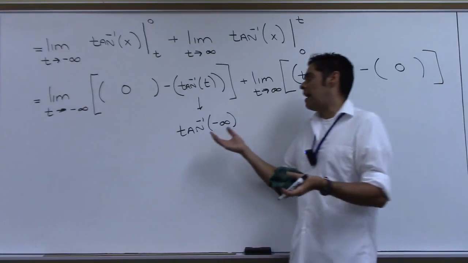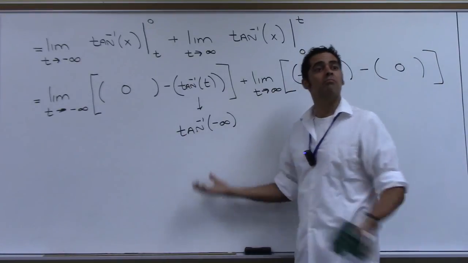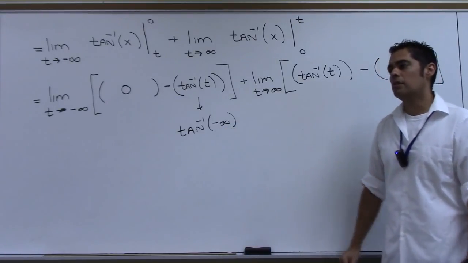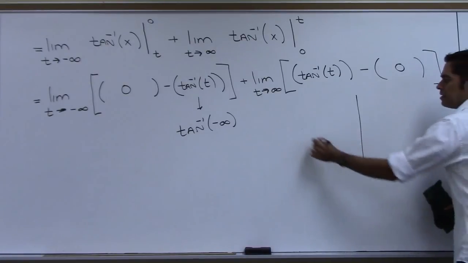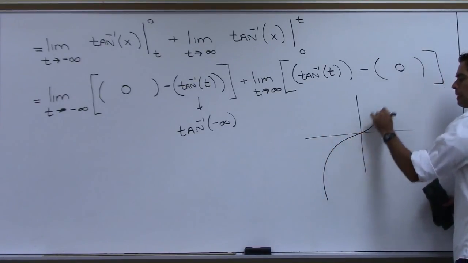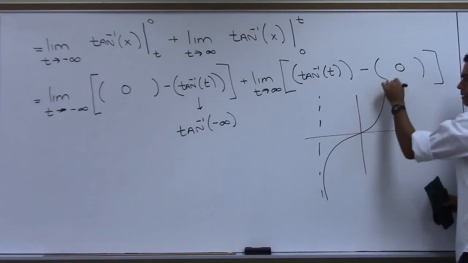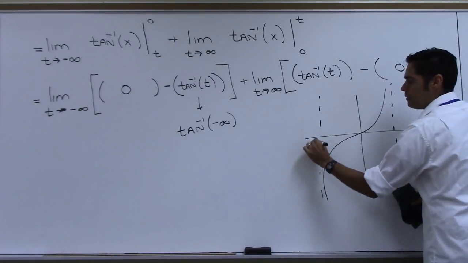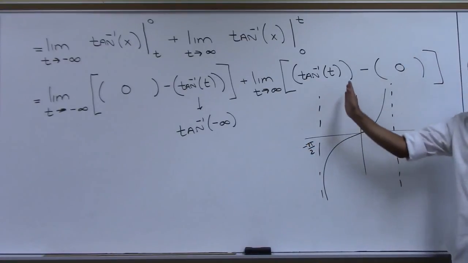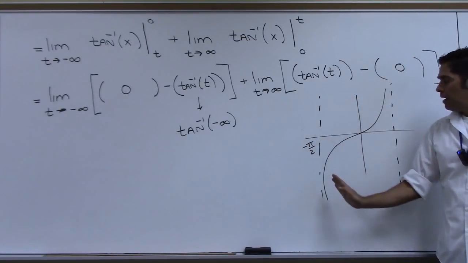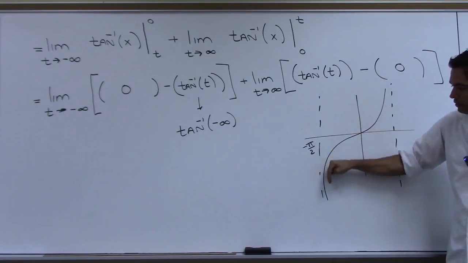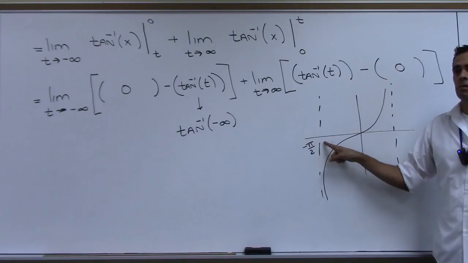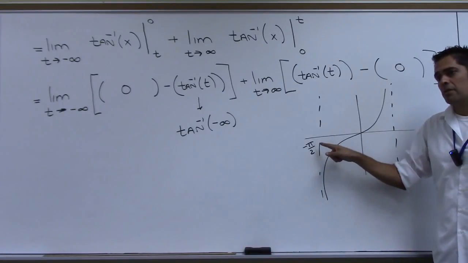So we're asking, at what angle on the tangent function are you getting a very, very large negative number? I had erased that picture. Negative pi over 2 is where we have the first vertical asymptote. And you can see that the y-coordinate is a very, very large negative number the closer I get to negative pi over 2. So the limit is negative pi over 2.